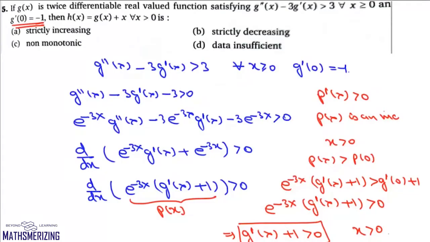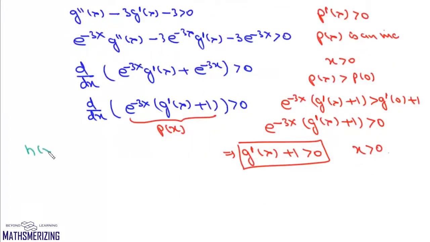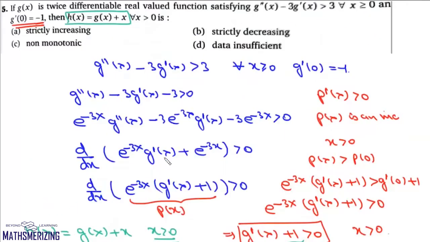Now if we look at this function h(x), which is g(x) + x, when x is greater than 0, then h'(x) will be g'(x) + 1, and we have already proved that g'(x) + 1 is greater than 0. So h'(x) is greater than 0, which simply means that this h(x) is a strictly increasing function. So h(x) is strictly increasing when x is greater than 0, and that's your option A.